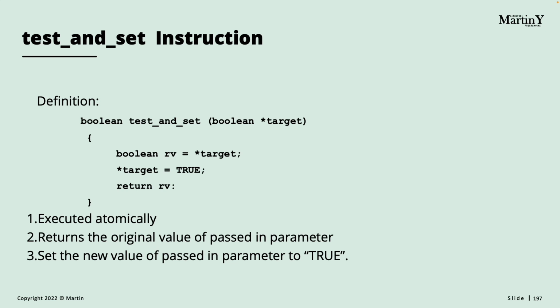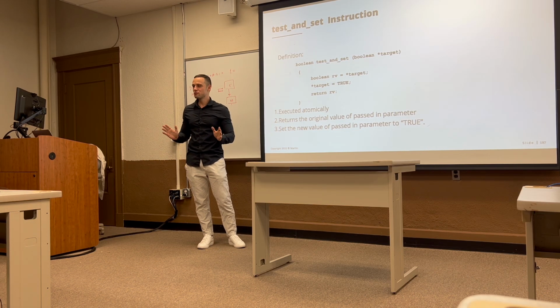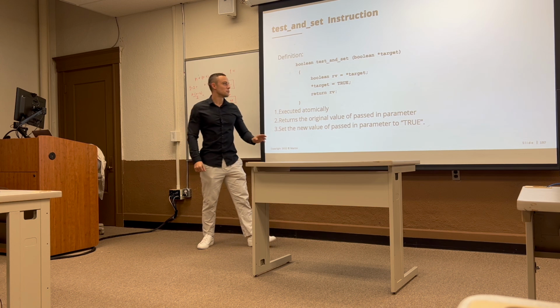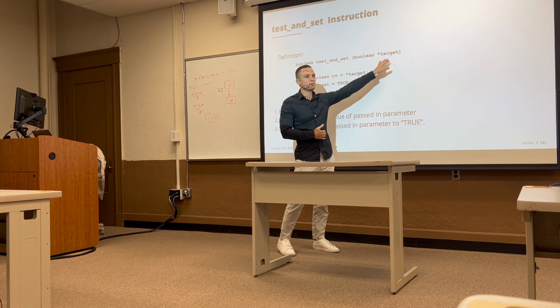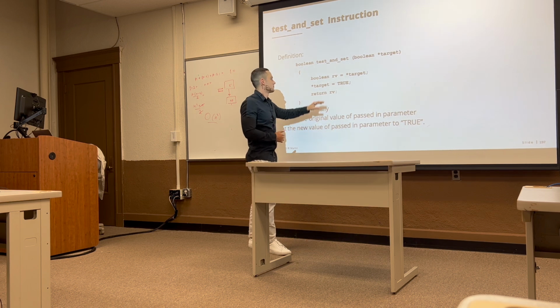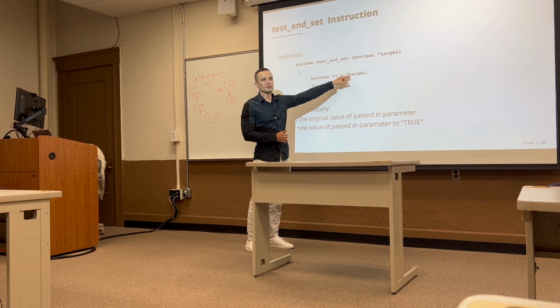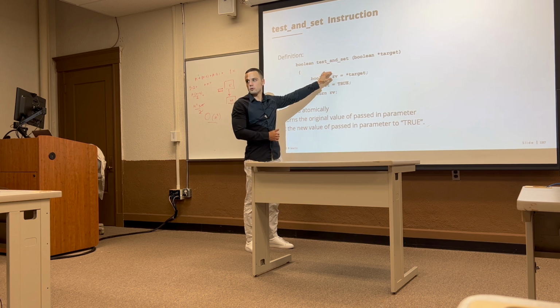Let's say our process is unlocked. So we have a free resource, which means that the target will be equal to 0. So here the temporary variable will be equal to target, which is 0, correct?